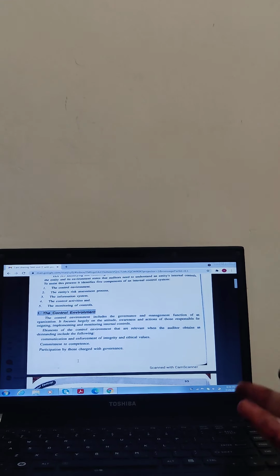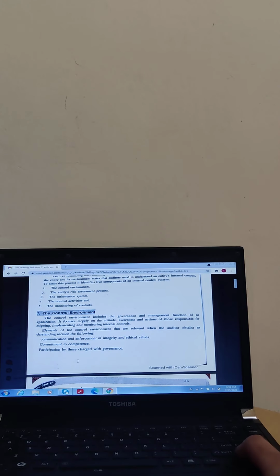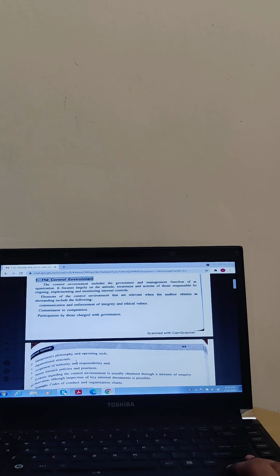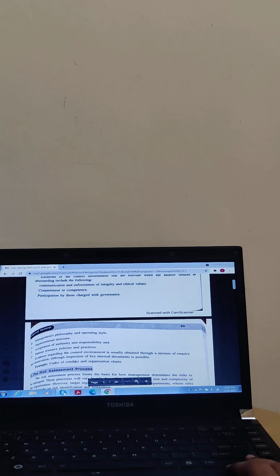We all know how important ethical and moral values are in an organization. Second is commitment to competence, that is how competent a company should be to meet the cutthroat competition in the organization's environment. Third is participation by those charged with governance. These are the 3 elements of the control environment relevant when the auditor obtains understanding.